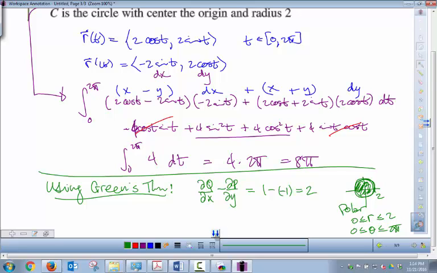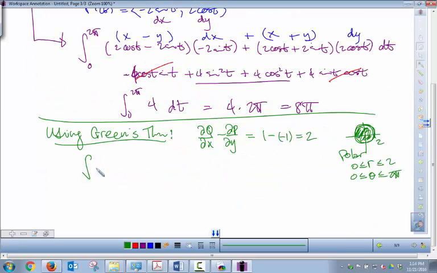Okay? So according to Green's, my integral p dx plus q dy over c is equal to a double integral over our new domain of 2 dA.